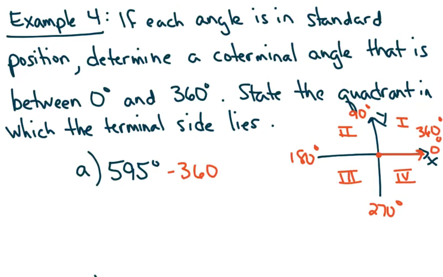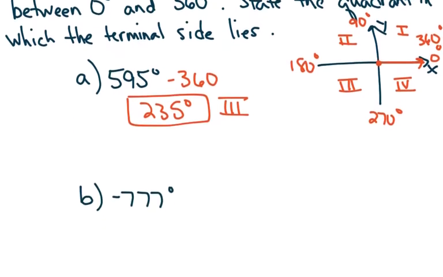So 595 minus 360 is 235 degrees. Oh, 235 degrees, that is between 0 and 360. And if I look now at this coordinate plane, 235 is between 180 and 270, so it must be in quadrant 3.